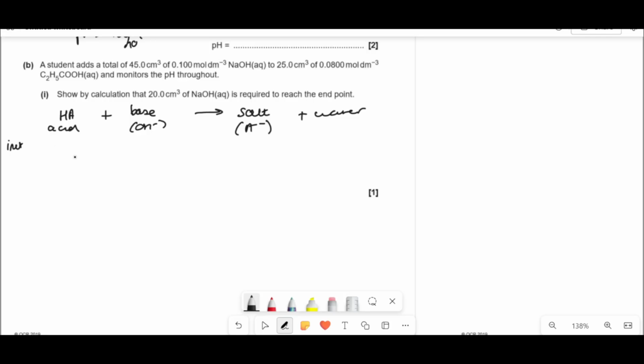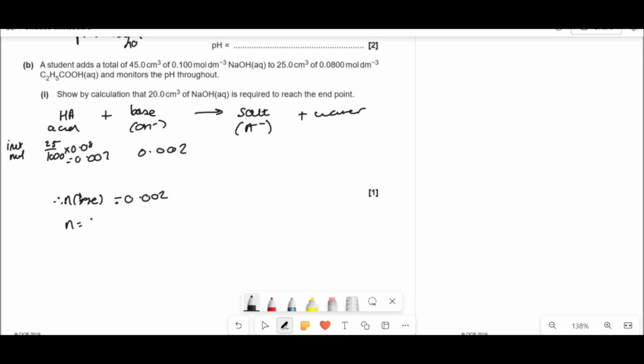We don't even have to do that, to be honest, because we just need to work out how many moles we need to react. If we work out the moles of acid, it's going to be the acid volume times concentration. So it'd be 25 over 1,000 times 0.08, which is 0.002. If we're going to reach the endpoint, the moles of base you need is also 0.002, and they've told you the concentration of this.